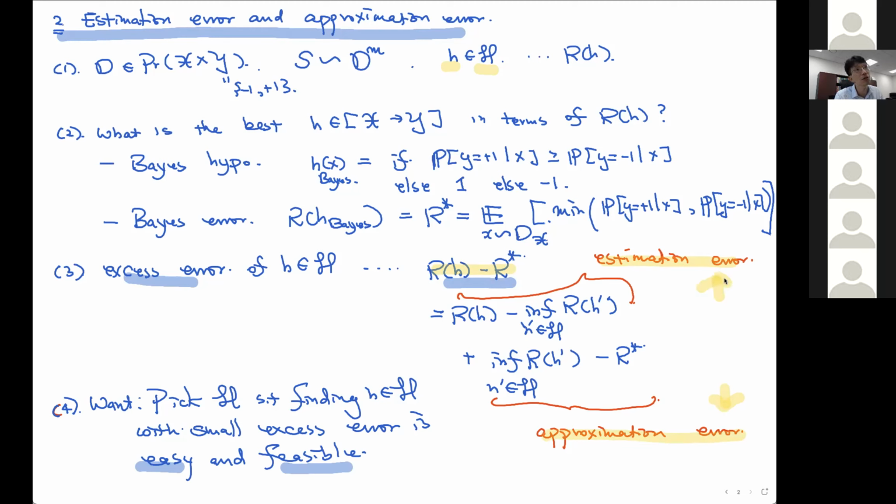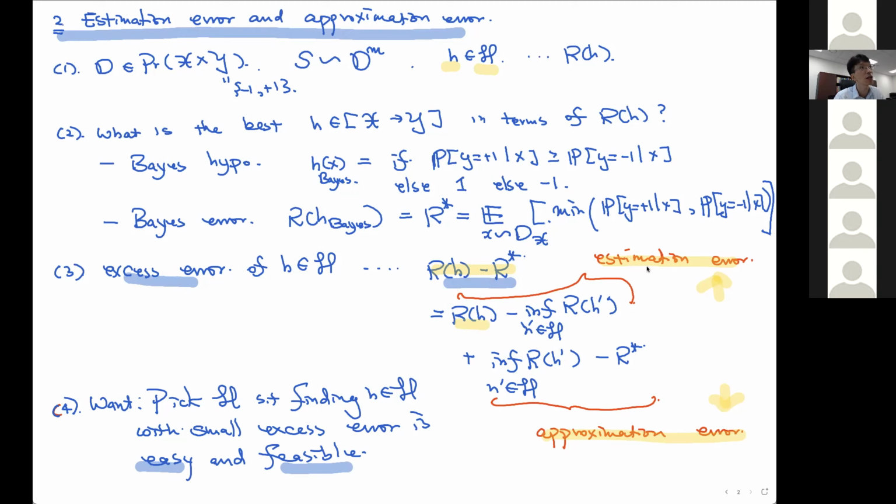The lesson that we learned from the generalization bound is that if our hypothesis set is very rich, then finding information about the risk from the sample requires more examples.